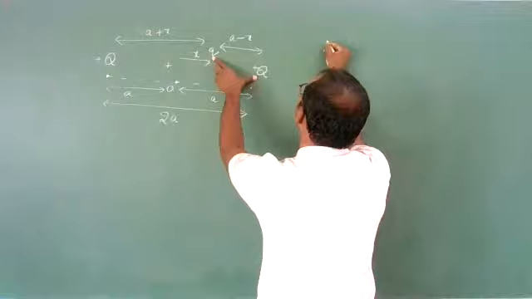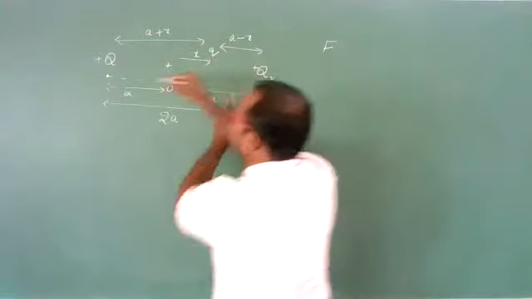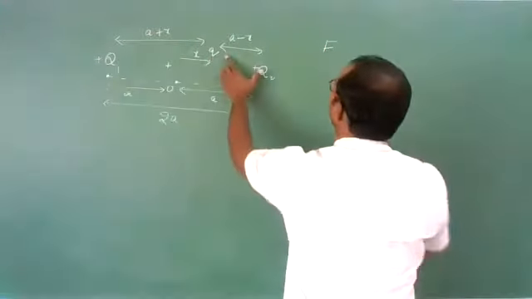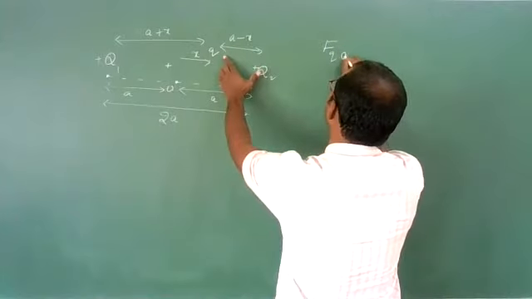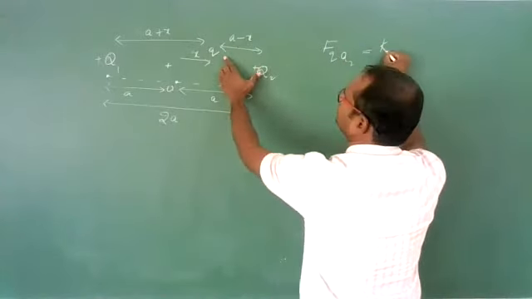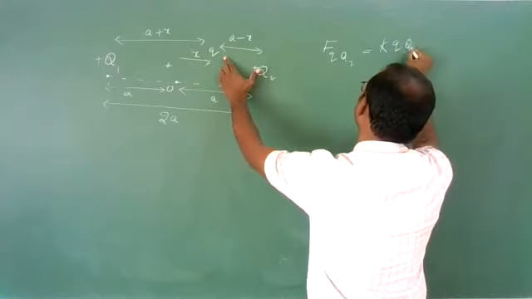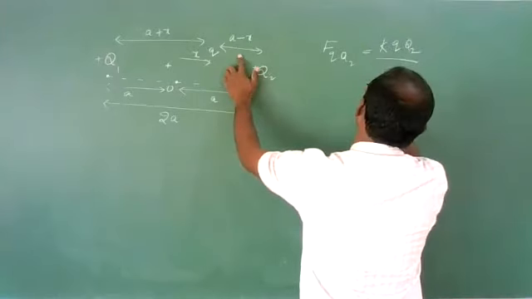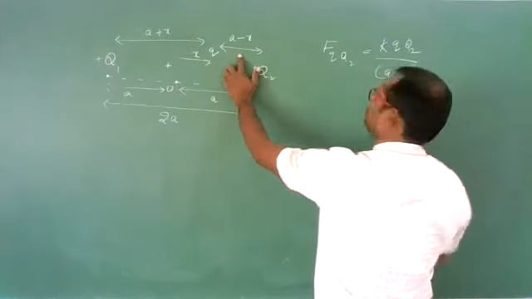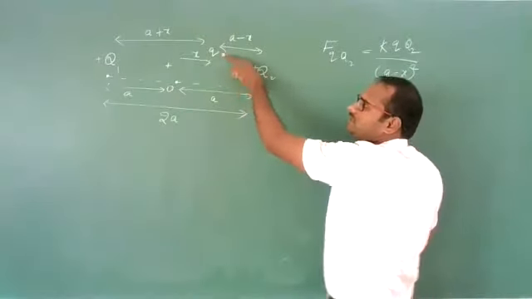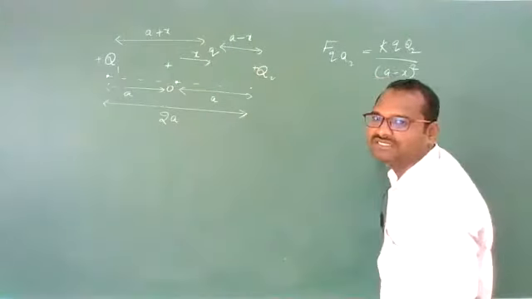The force on this charge due to this one is again repulsive. I'll call this one Q2 and this one Q1, so that you will understand clearly. The force on small q due to Q2 is 1 by 4 pi epsilon naught, small q times Q2, divided by (a minus x) whole square. That much force acts that way.